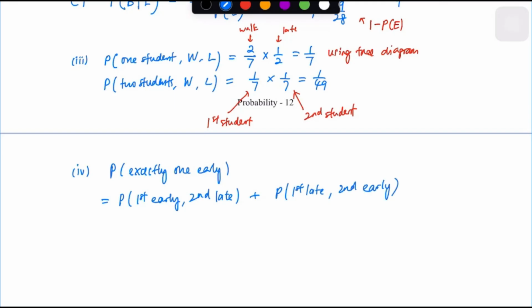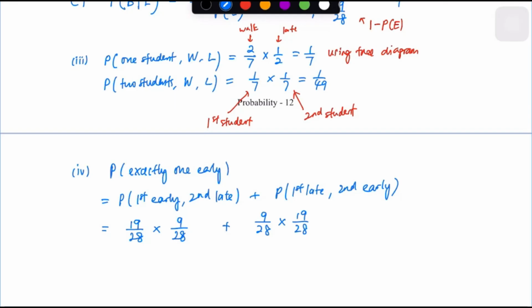The probability of the first student being early is 19/28. The second one being late will be 1 minus 19/28, or to be faster, 9/28, the complement. Then for the second case, the first one being late is 9/28 times 19/28.